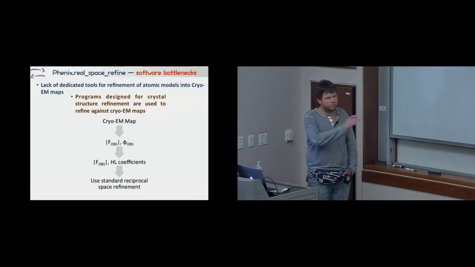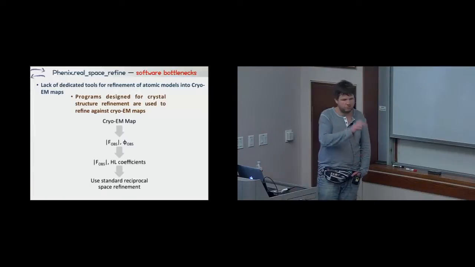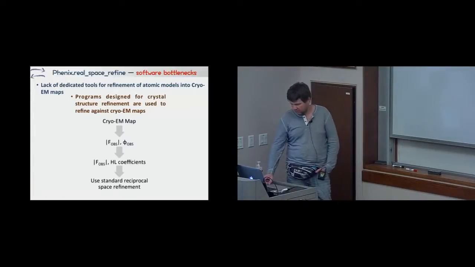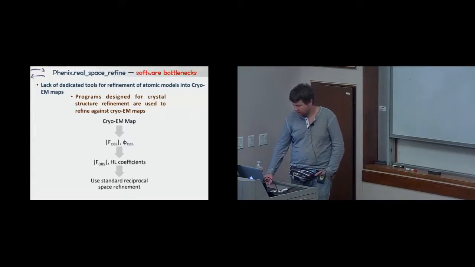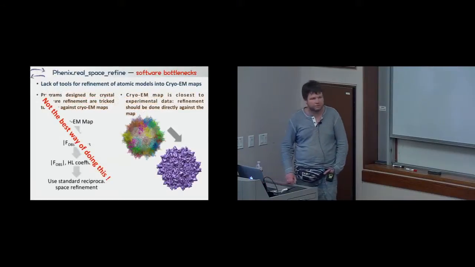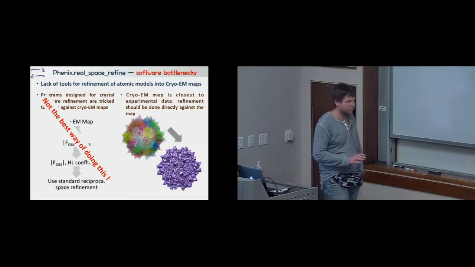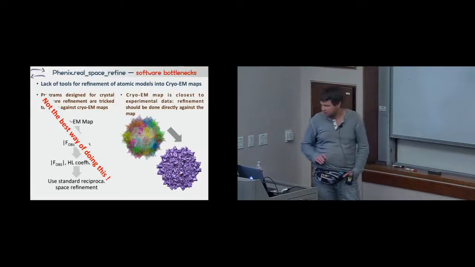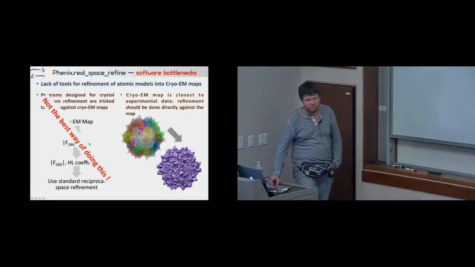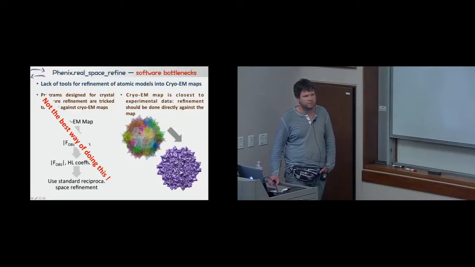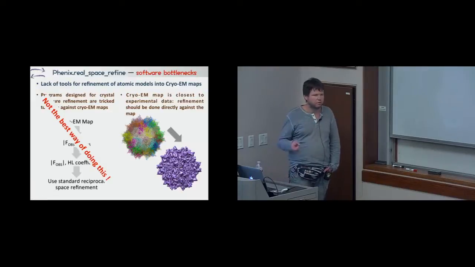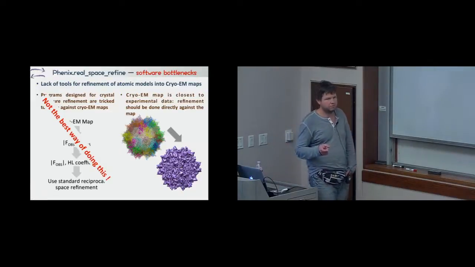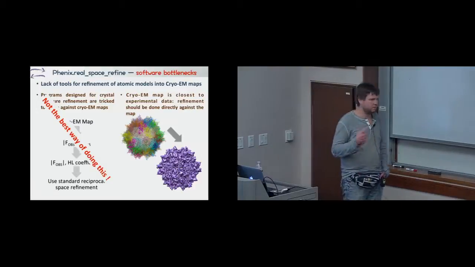From that point on, we forget about the map and we do refinement. If you think about it, clearly it's not the most optimal way of doing it, although it is a valid and possible way, but not the most logical one. You have a map, and the map is your primary source of data. So why not just take the model and fit it into the map, rather than take a detour through reciprocal space and use tools that are not really designed for dealing with cryo-EM specifics?